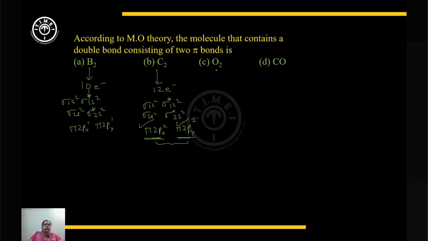In the case of O2, we get sigma 1s2, sigma star 1s2, sigma 2s2, sigma star 2s2, sigma 2pz2, pi 2px2 equal to pi 2py2, and pi star 2px1 equal to pi star 2py1.